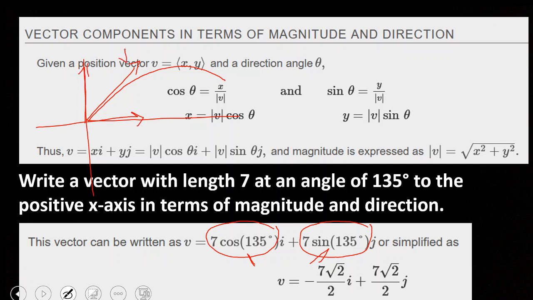If this is the initial velocity, v sub 0, then the horizontal component would be the absolute value of v sub 0 cosine theta, and the vertical component would be the absolute value of v sub 0 sine theta. So those are in terms of the velocity. That's the horizontal component of the velocity, that's the vertical component.